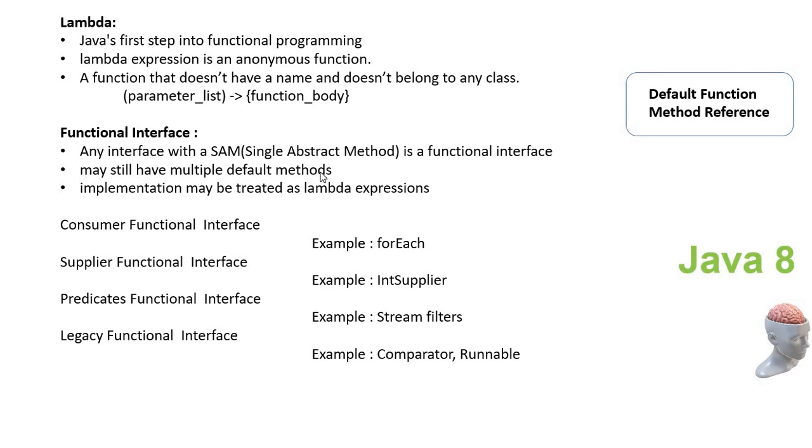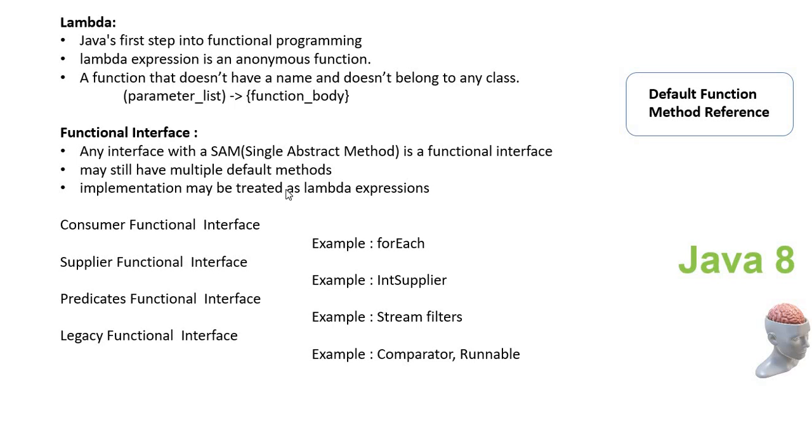So what is a default method, and why did they add it? Basically, in all the collections, they added a new method called forEach. If they were going to add forEach to the interface normally, then all the subclasses would need to be changed. To avoid that big change, they came up with the concept of the default method, and they declared forEach as a default method in all the collections.